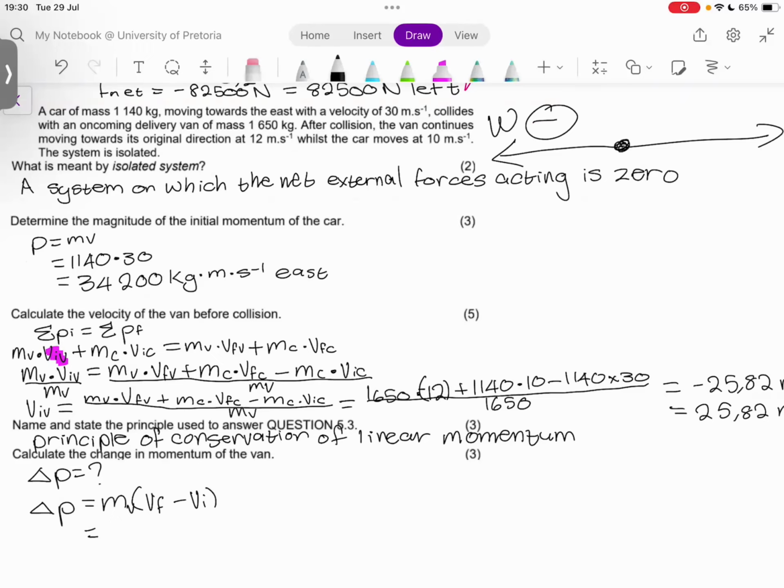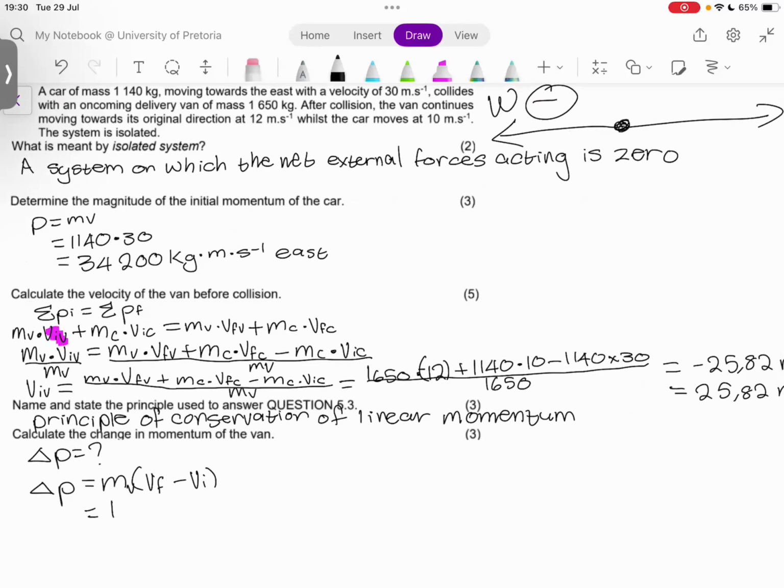The mass of the van is constant. It is 1,650 kilograms. The final velocity in this case, guys, what do you think it is? It is 12. That is correct. It's 12 in terms of the magnitude. We also have to state the direction. So we're going to put down minus 12 over here.